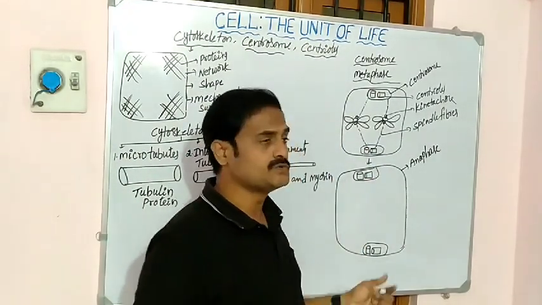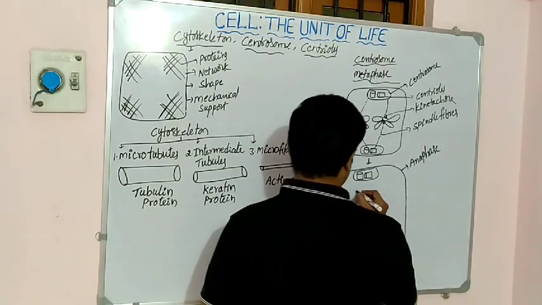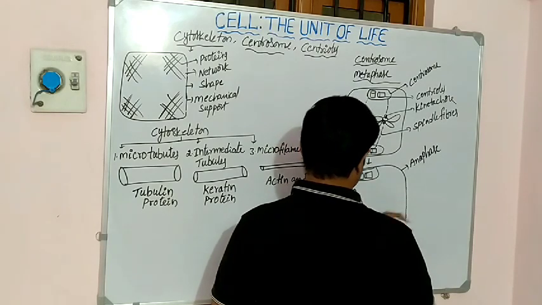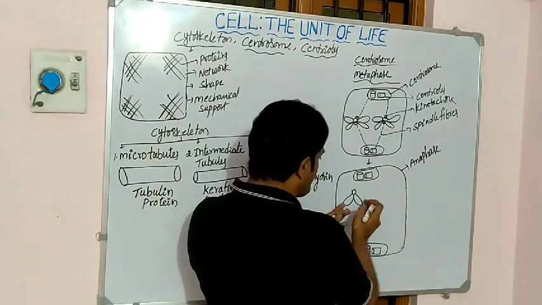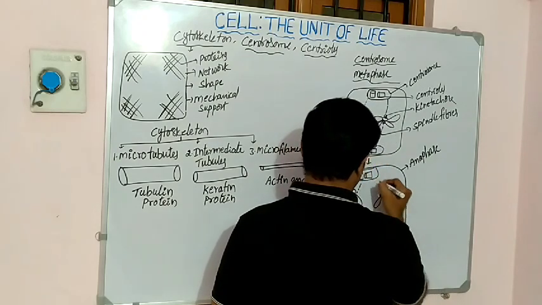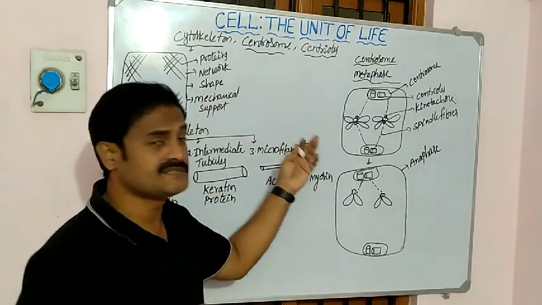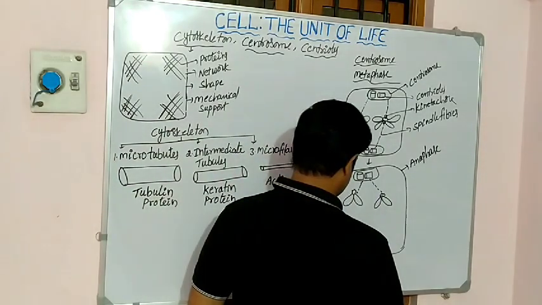They move to their opposite poles, this side and this side. See how they look. This is the pair of chromosomes, then it pulls half of the chromosome. Here also same like that. So these chromosomes move towards the opposite poles of the cell.